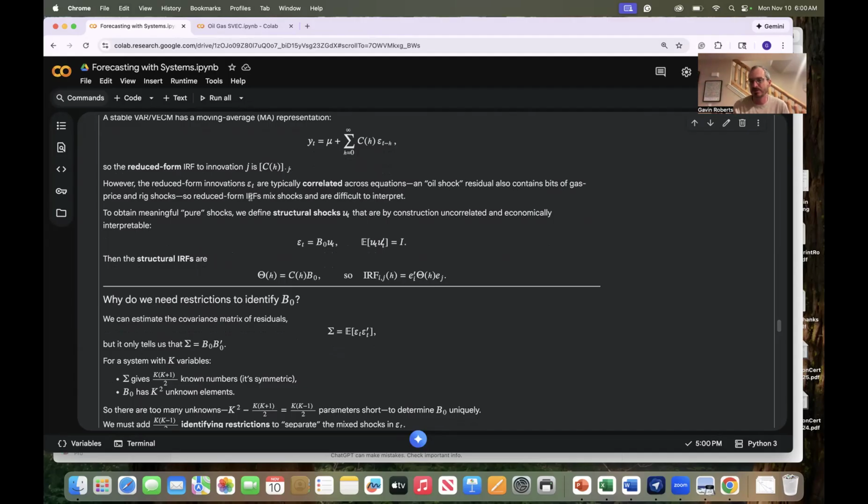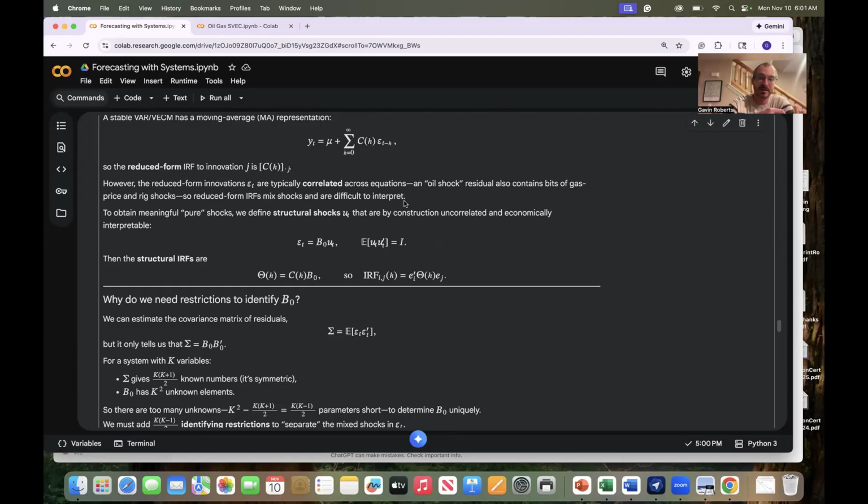We have three equations. We could go take a look and say, okay, these are the error terms from our equations. Those error terms will typically be correlated across equations because in the oil price equation, if a gas rig shock happens, because oil prices may depend on gas rigs, that will lead to deviations from the oil price equation.